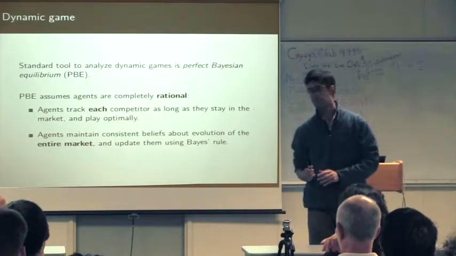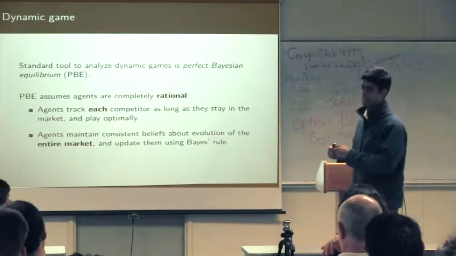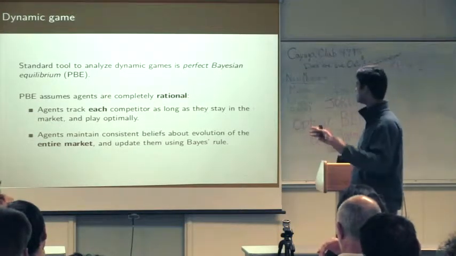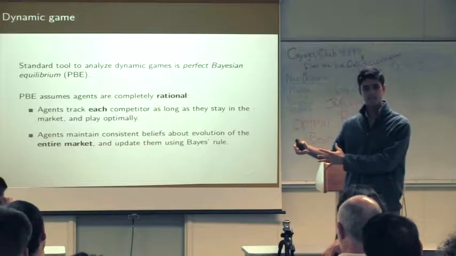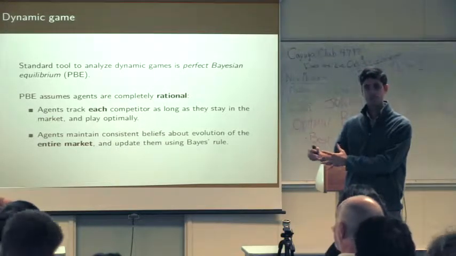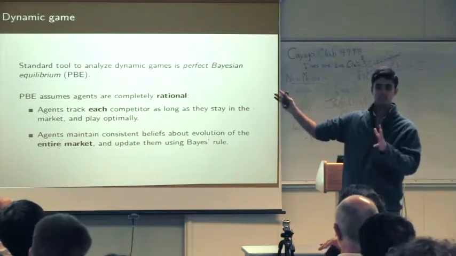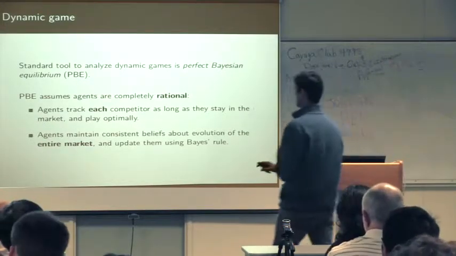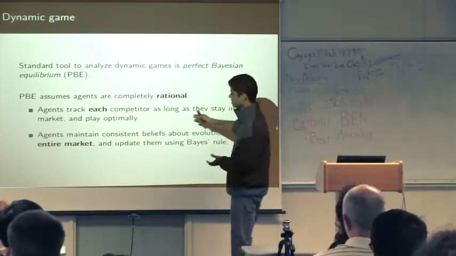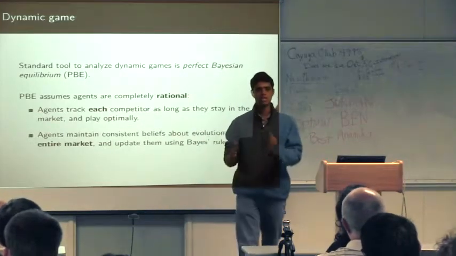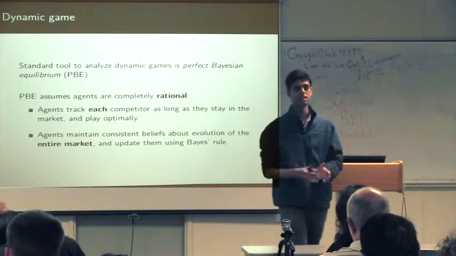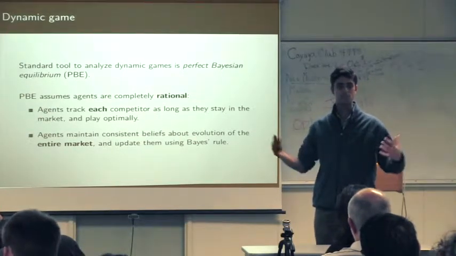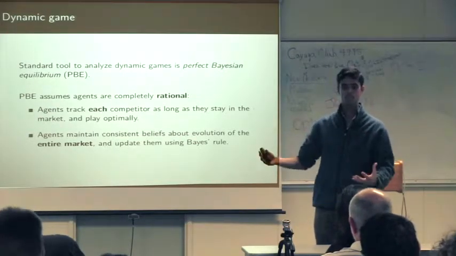So in particular, each agent tracks every other competitor in the market and maintains beliefs and plays optimally against them. So beliefs about the entire future evolution of the market, at each point, which are history dependent. And then the second requirement is that these beliefs that each agent maintains are consistent, in the sense that after each update they get, they'll update these beliefs over the entire future evolution using Bayes' rule.